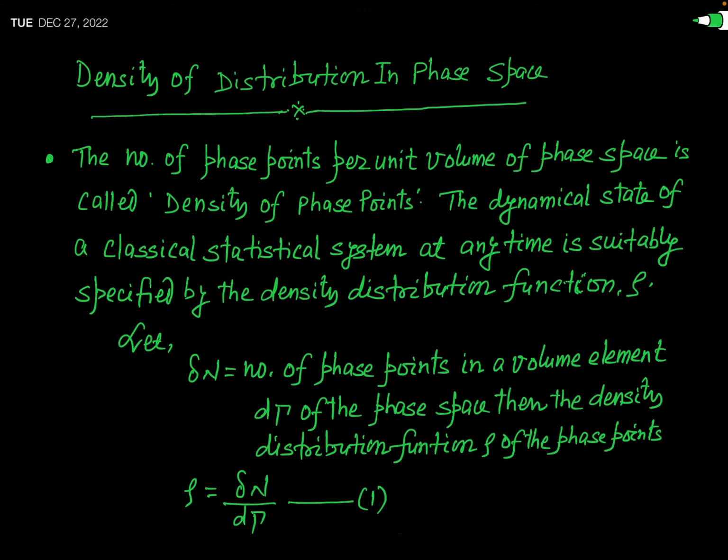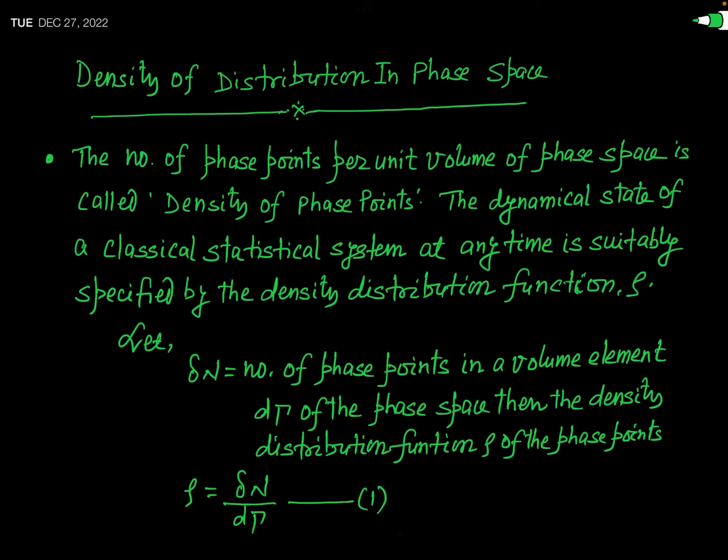Actually, this concept is needed to understand a very important theorem of classical statistical mechanics and also quantum statistical mechanics, and that theorem is known as Liouville's theorem. So before understanding what Liouville's theorem is, we are going to define this probability distribution function, or you can say we are going to define the density of phase points in phase space.